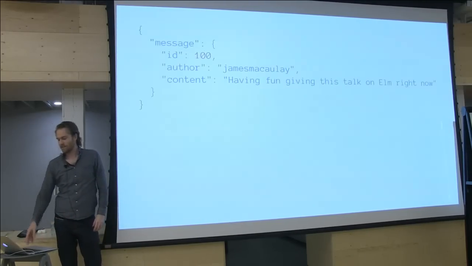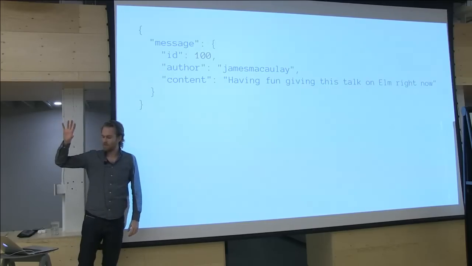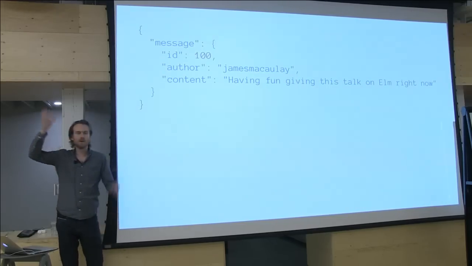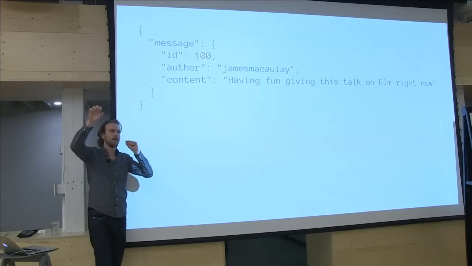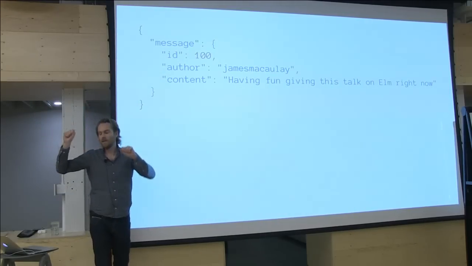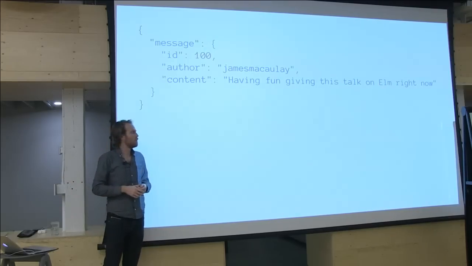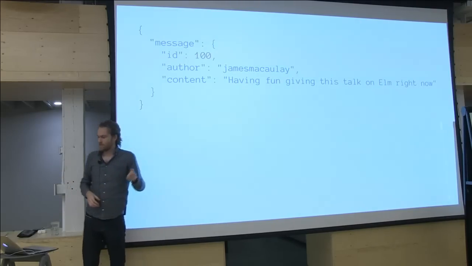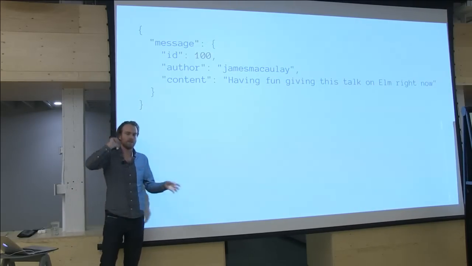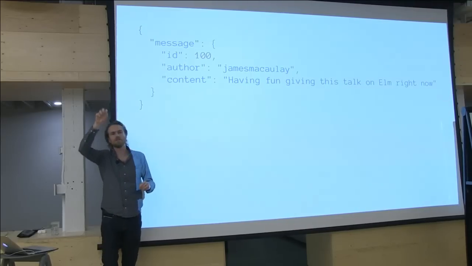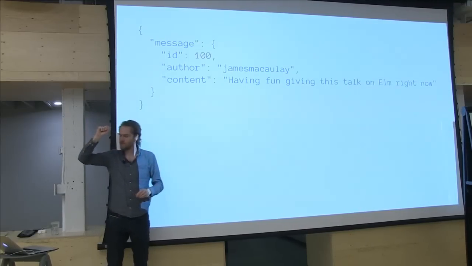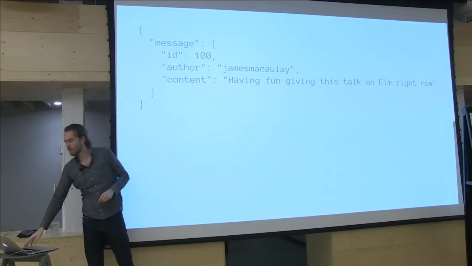So, I'm still talking about synchrony. Let's say you have your program and it's dealing with an API and it's going to get these messages back. Let's say you have a WebSocket and you're getting new messages. Here you get this message from me and it says I'm having fun.